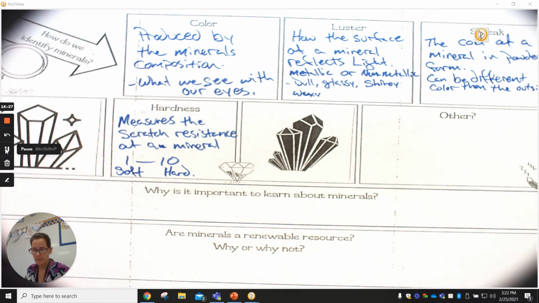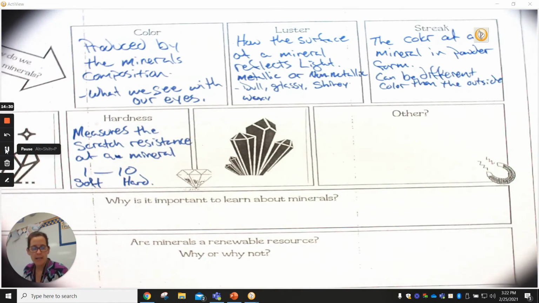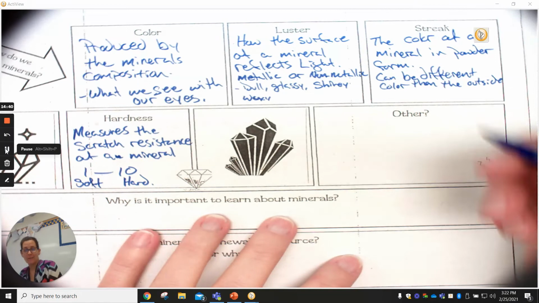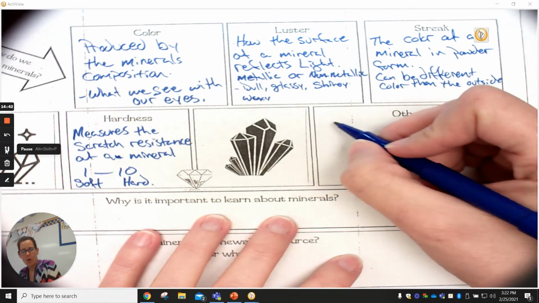Other cool stuff about minerals. Do you know what scientists that study minerals are called? Take a guess. They are mineralogists. It's kind of fun to say. Try to say it with me. Mineralogists.